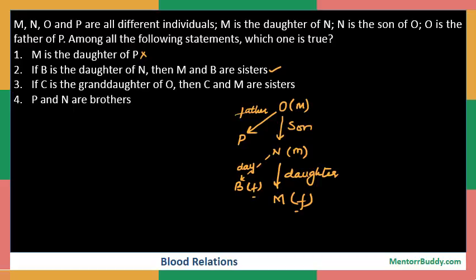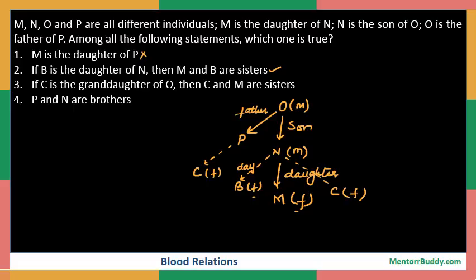Let's move to the third statement. If C is the granddaughter of O, then C and M are sisters. C being the granddaughter of O, that means C can be the daughter of P or C can be a daughter of N. And then C and M are sisters.